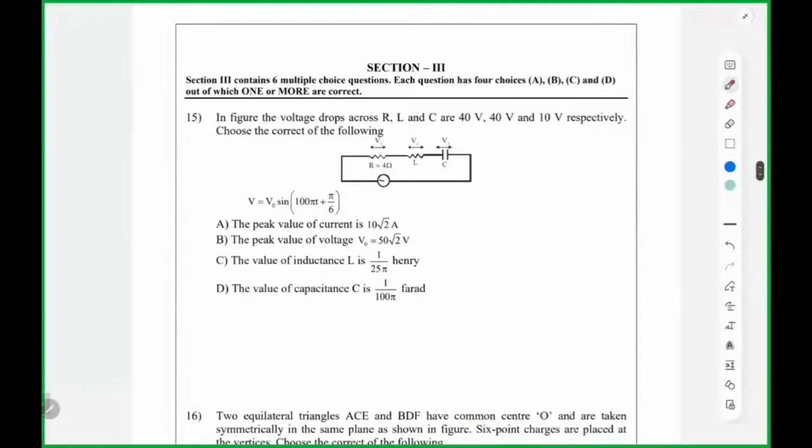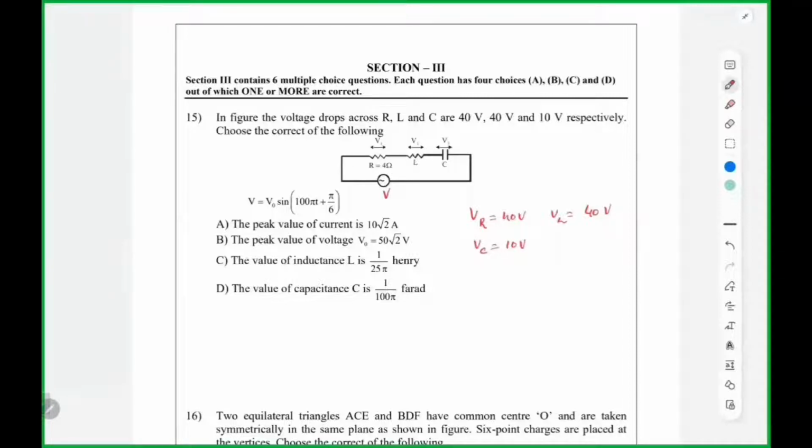Here in the figure, the voltage drop across the resistor is 40 volts, across the inductor 40 volts, across the capacitor the potential drop is 10 volts. These are all RMS voltages, not peak voltages.